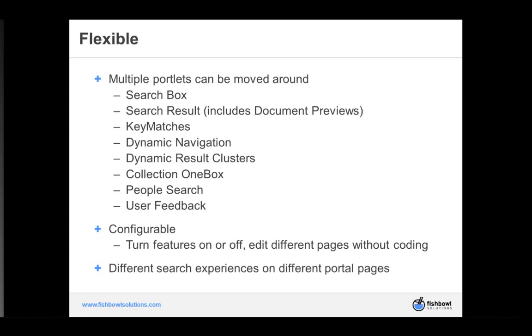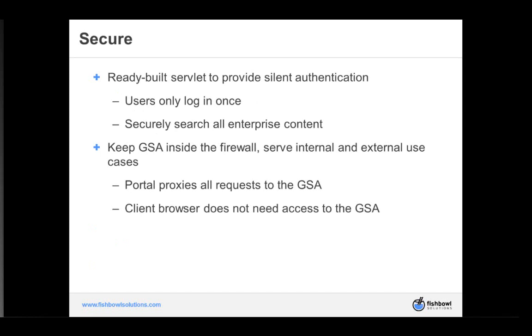So if you have an intranet use case and you have a main intranet page where you're searching across your entire set of content in your index, you may also have an HR page where you only want to search the HR subsite and you want to provide different features. Maybe you want people search on the main page, but you don't want it on the HR page, things like that. You have the flexibility to very easily have those different experiences all within your portal.